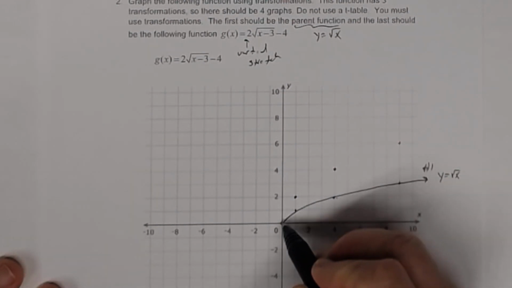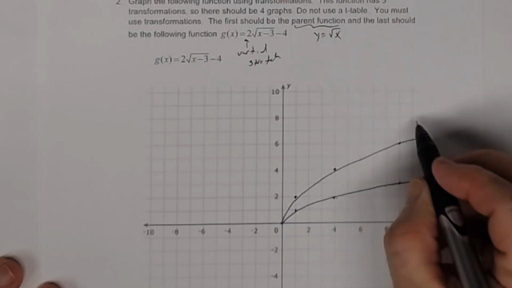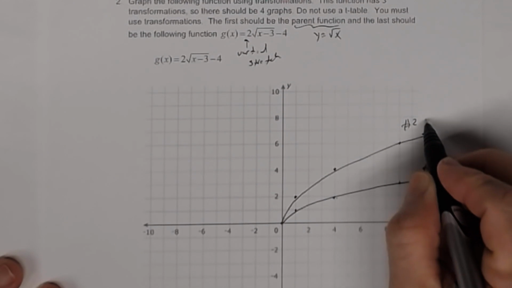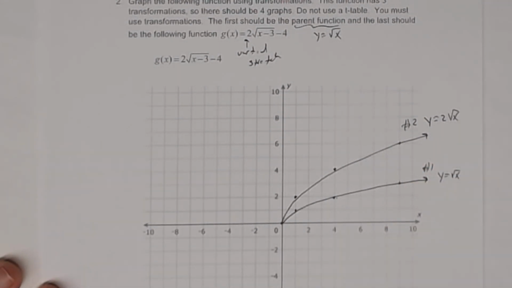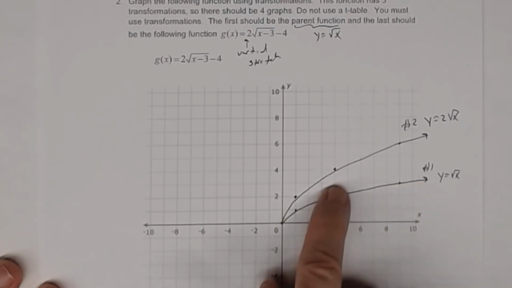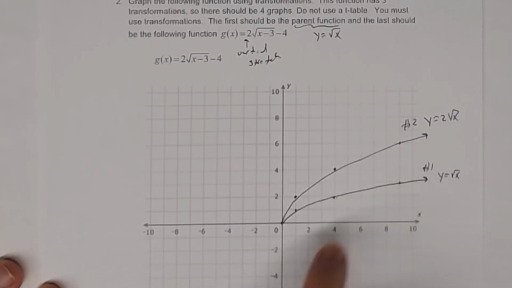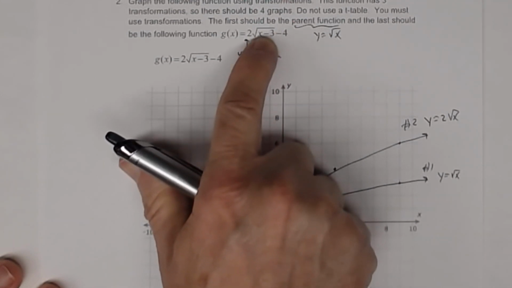And so now I get this graph, which is my second graph: y equals 2 square root of x. All of the y values on the parent function are being multiplied by 2, so you're stretching the graph.